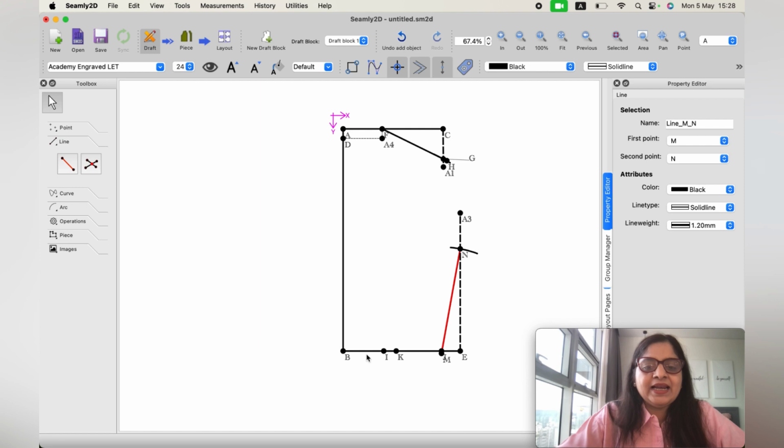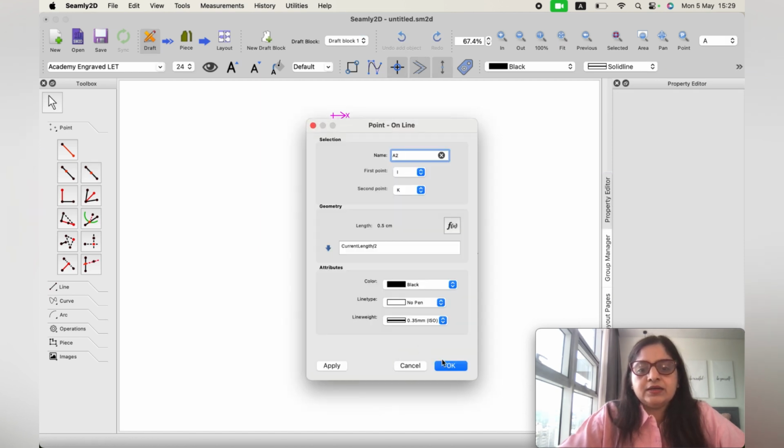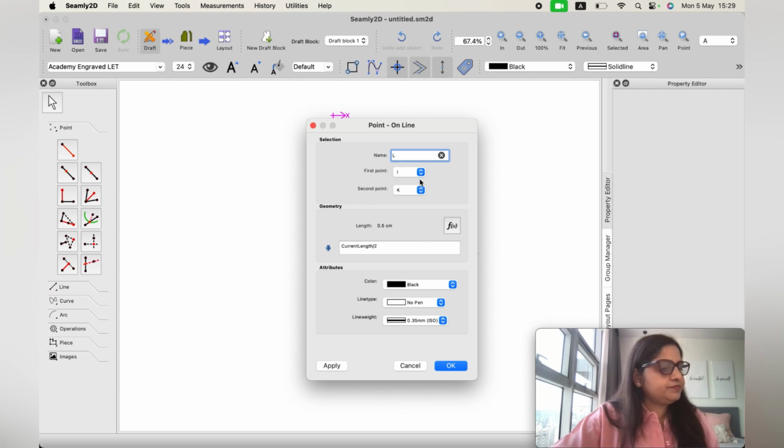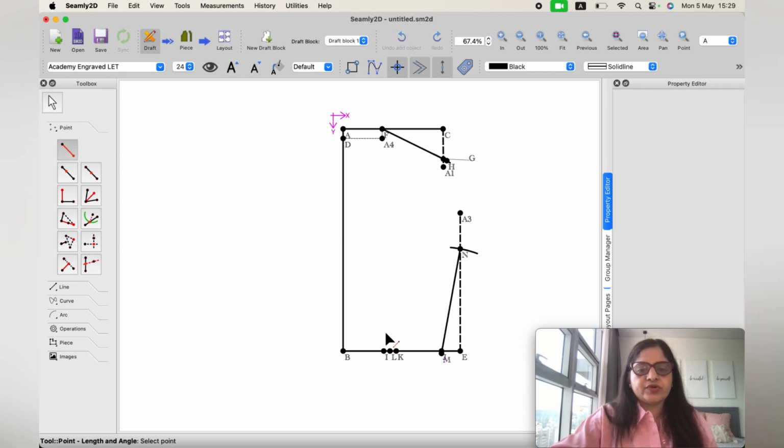Now the next measurement is L to O, which is square up from point L. What is point L? It is simply the midpoint of these two. So I'll go on the point tool again, and the center of these two I'll give the name L. I think I missed this point. Okay, this will be L. So I have to go up straight.